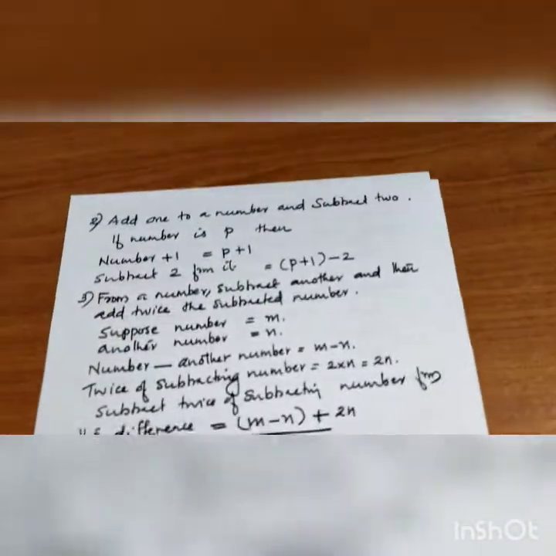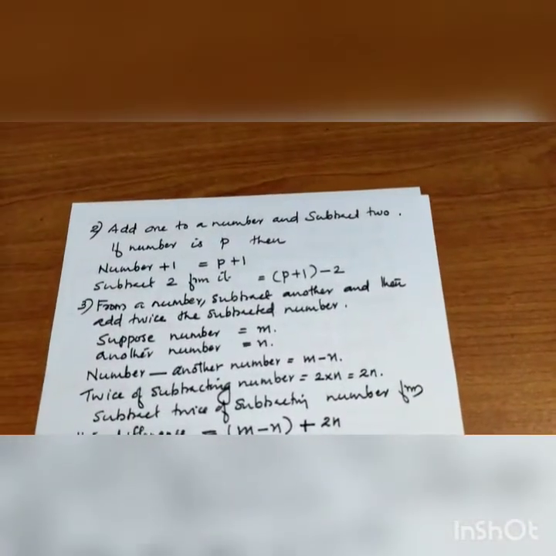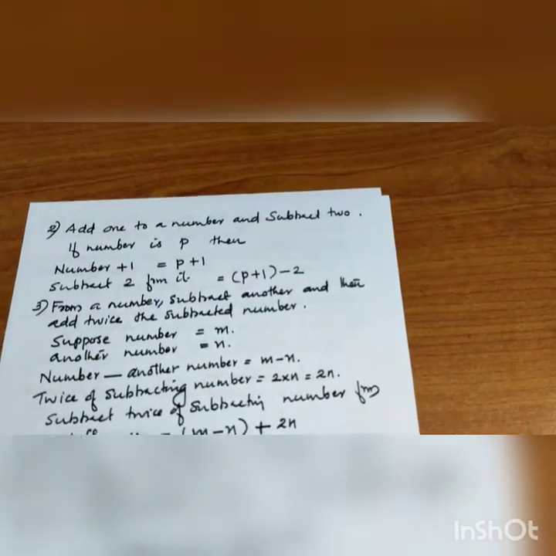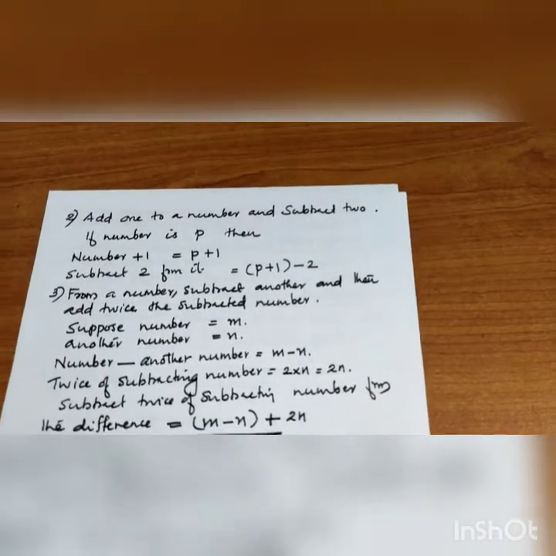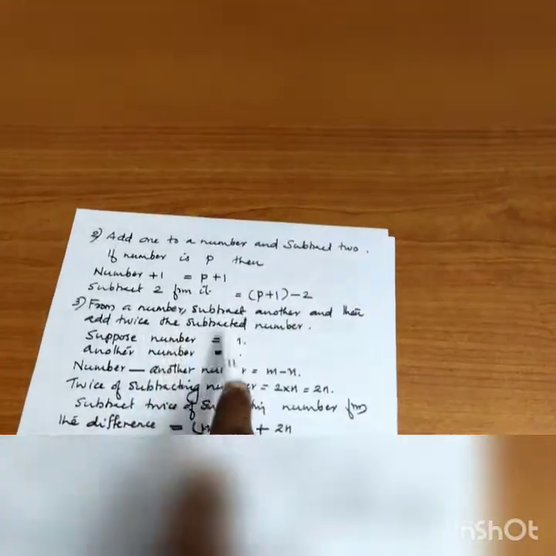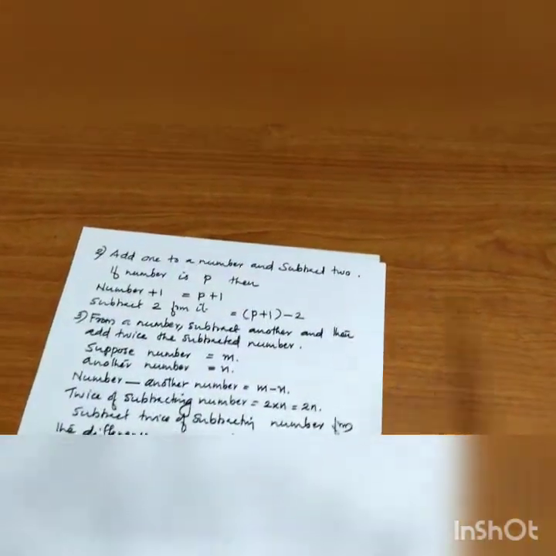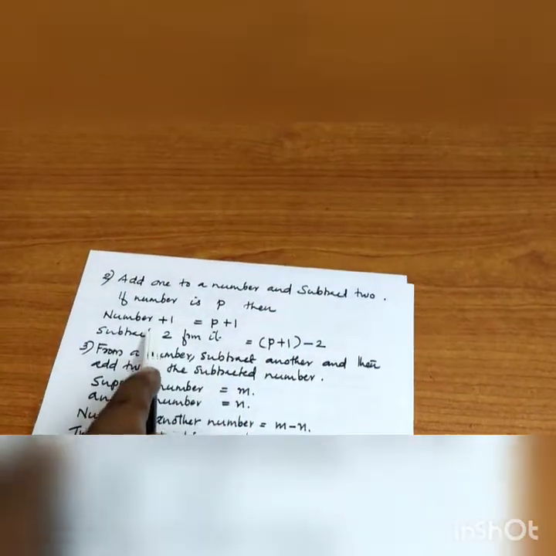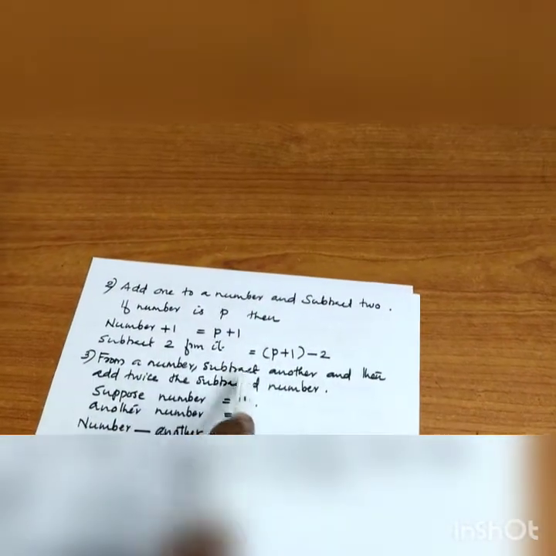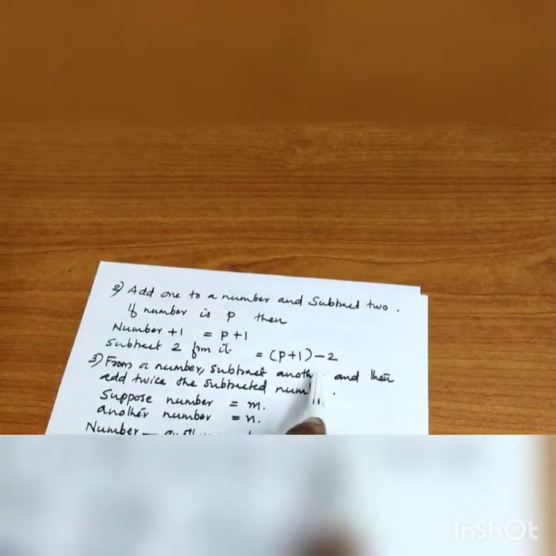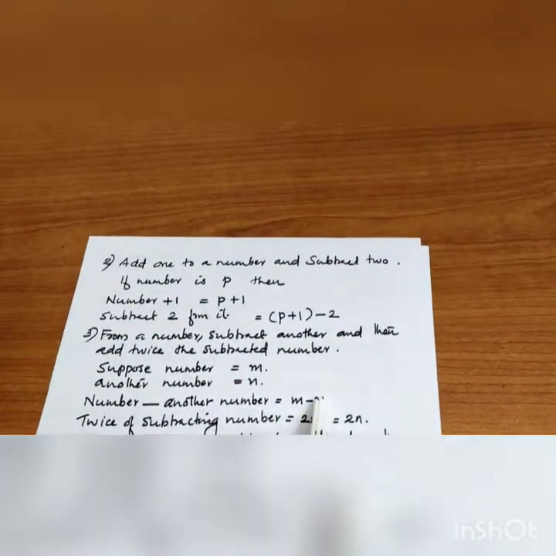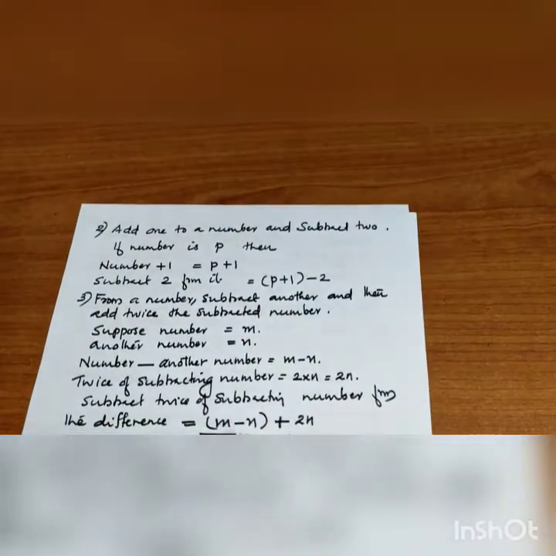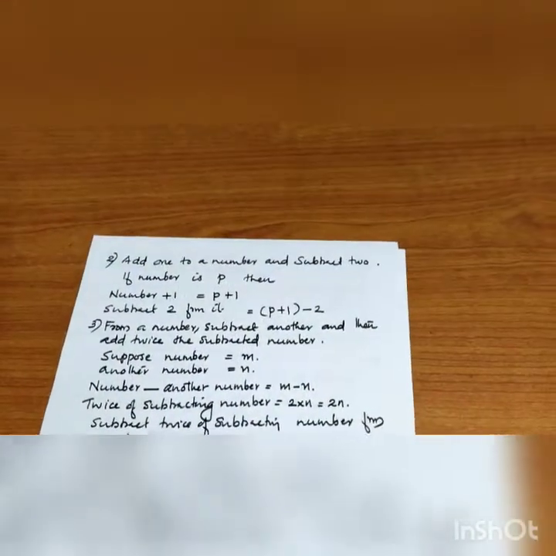Third question: from a number, subtract another number and then add twice the subtracted number. The first number is m, and the other number is n. First, from the number m, subtract another number n, that is m minus n, and therefore m minus n should be put in a bracket.